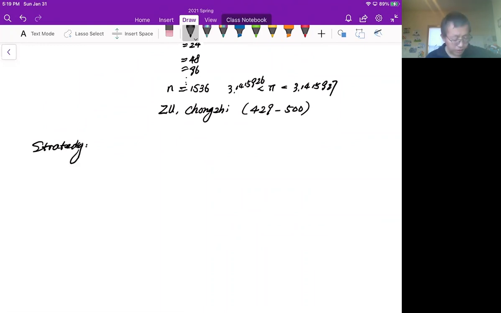Here's the strategy. He managed to do the following: if you give me An and Bn, if this is given, I have a way to estimate A of 2n and B of 2n.